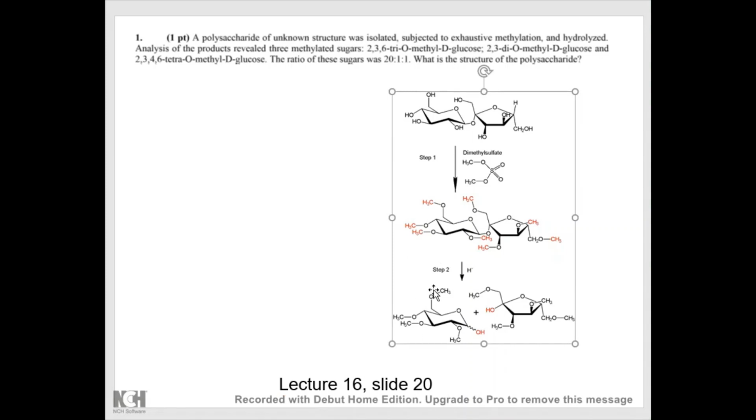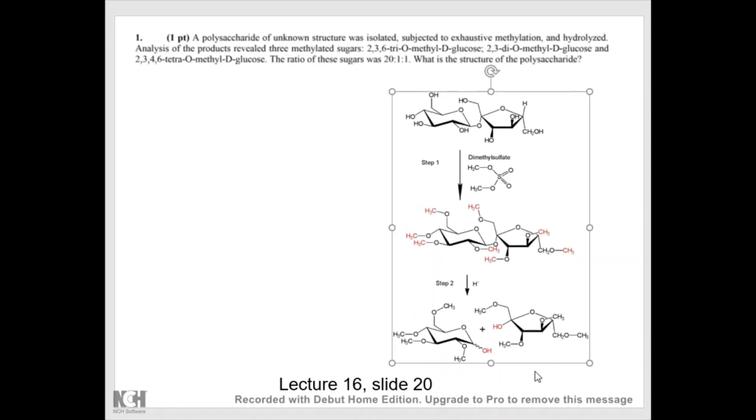In this lecture we discussed that chemical methods can be applied to determine structures of polysaccharides, namely the linkages in the main chain and in the branch points. To do this, scientists treat an unknown oligo or polysaccharide with dimethyl sulfate, which leads to exhaustive methylation of all OH groups in the molecule, followed by hydrolysis.